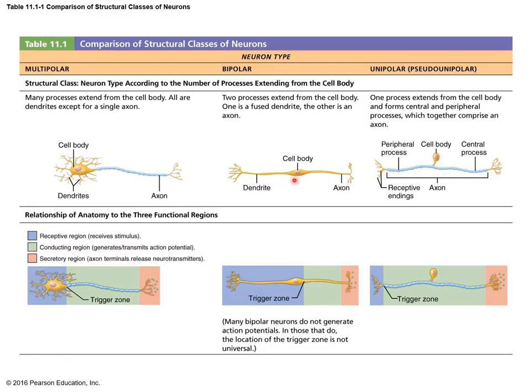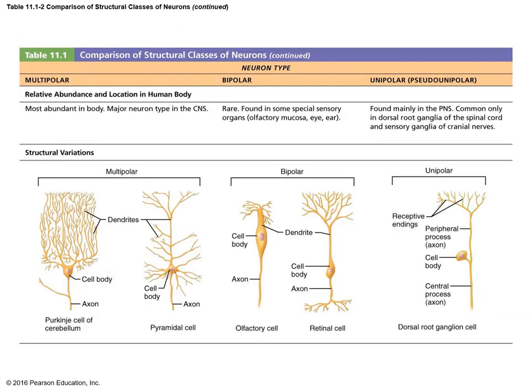See how in the bipolar the cell body is in between? But on the unipolar, it's off on the side. And this just gives some examples of additional structures, variations of what they may look like.